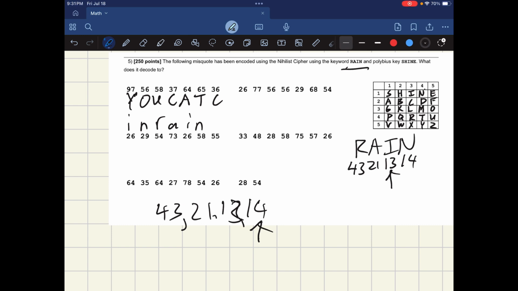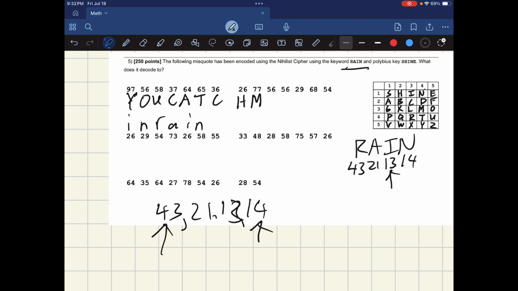So what we do is 26 minus 14, that gives us 12. So 12 corresponds to H, we write H. Then I shift my left hand to this one, to 43. And I just do 77 minus 43, and that gives us 34, which is M.